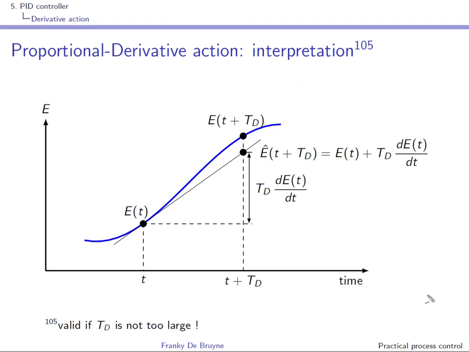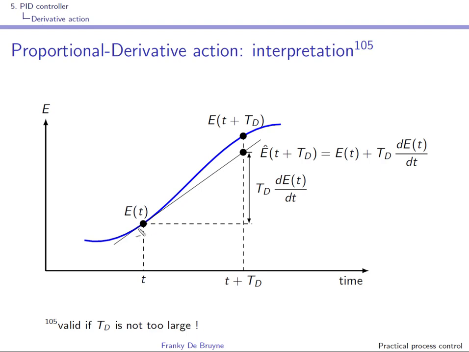In blue here, the evolution of the control error as a function of time, and what you would like to do at time T is to obtain an estimate of the error in the future. The actual error in the future is of course inaccessible.